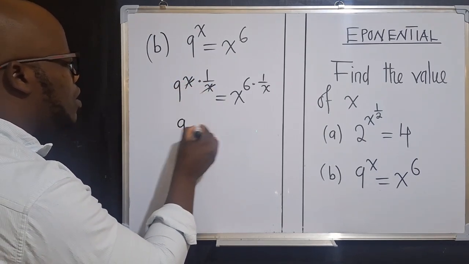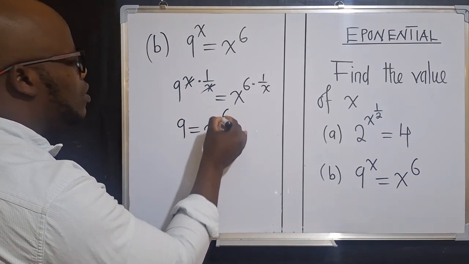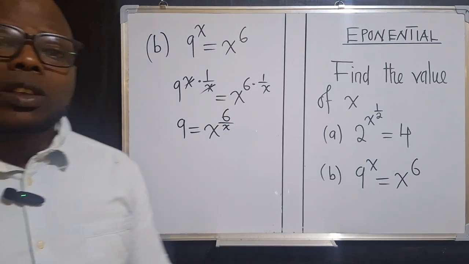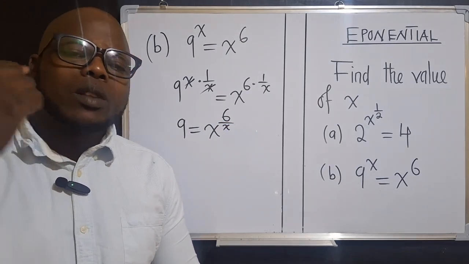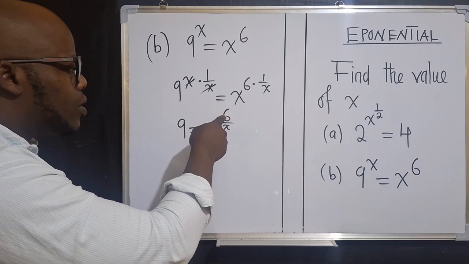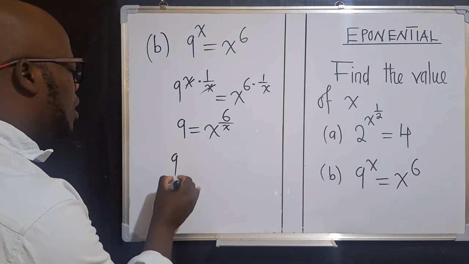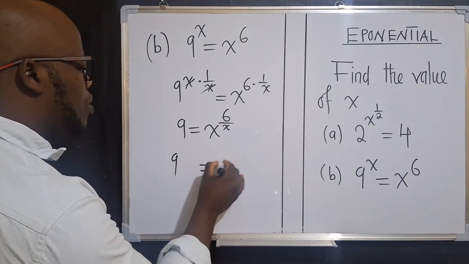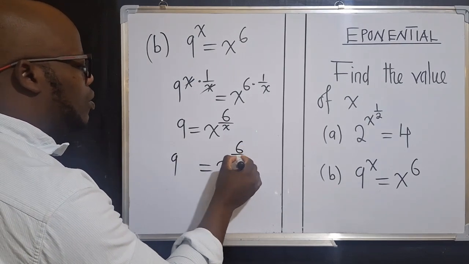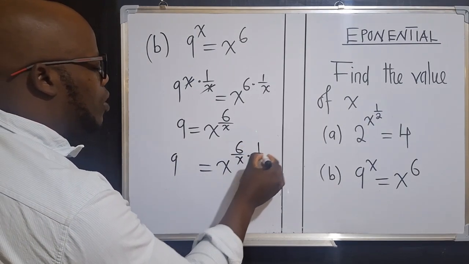We shall remain with 9 is equal to x power 6 over x. I'm only remaining with the 6. The power 6 is here, so I have to bring it this side. And I'm going to say 9 is equal to x power 6 over x times 1 over 6.